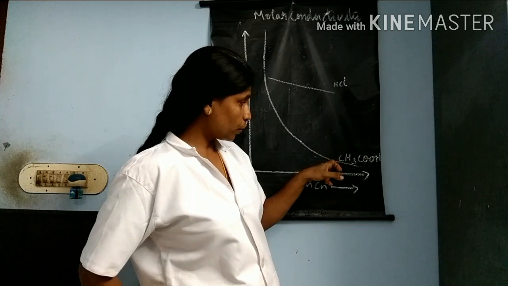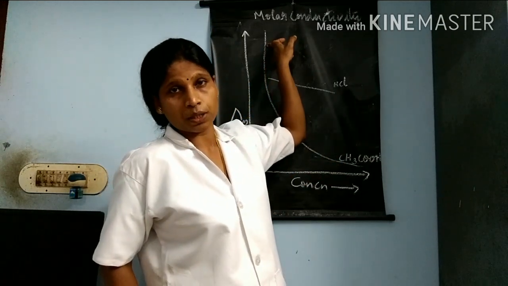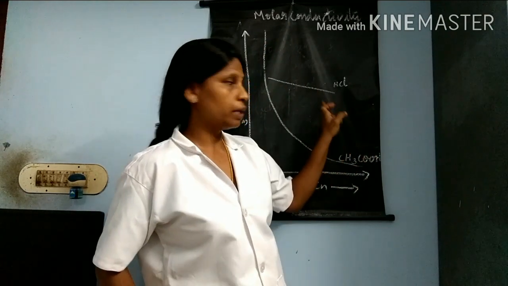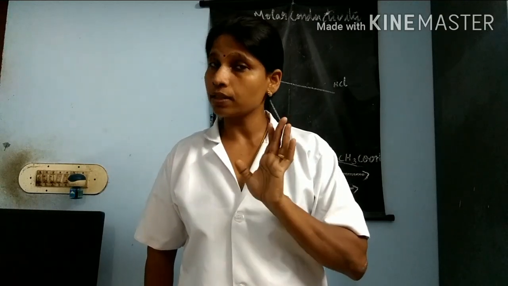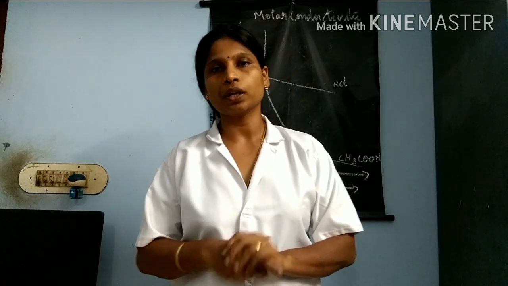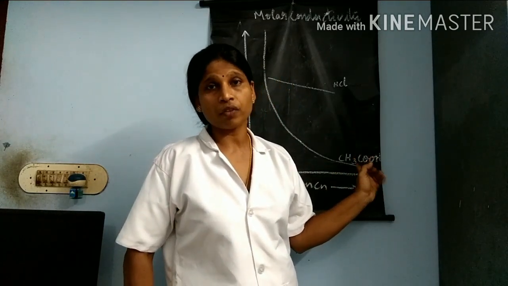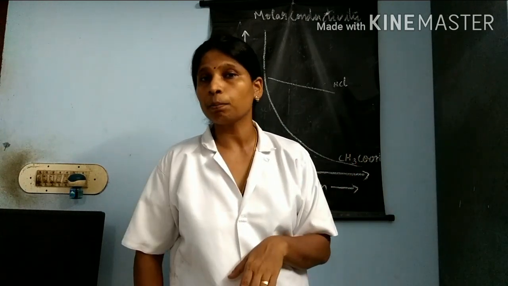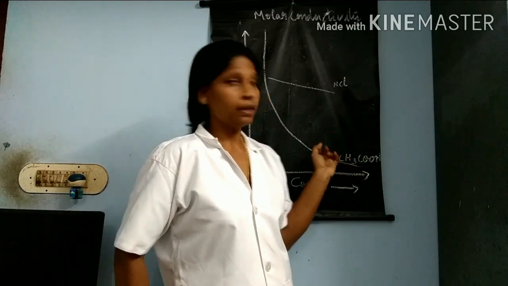Therefore, here you can see a steep increase in the molar conductivity of acetic acid solution. Clear? That means in the case of strong electrolyte, we can see an increase in molar conductivity, but a slow increase. But in the case of weak electrolyte, we can see a very steep increase due to the increasing number of ions. Hope you all got the idea. Thank you.